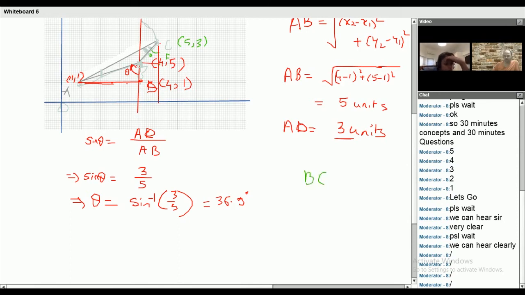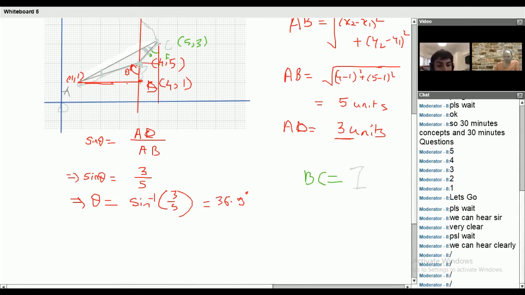So can you quickly find out BC? What would be its distance? B will be x1, which is 4, and this is 5.